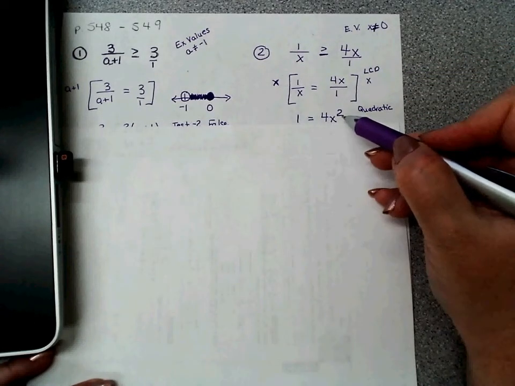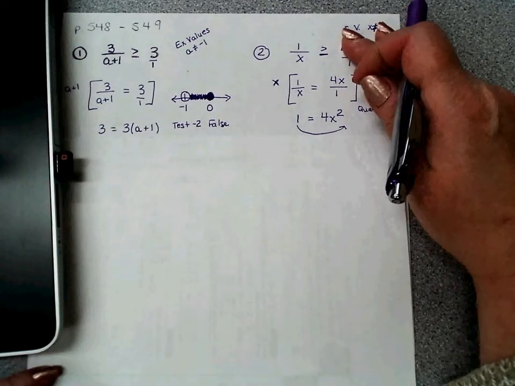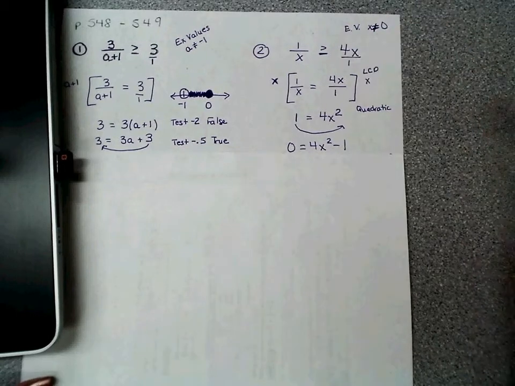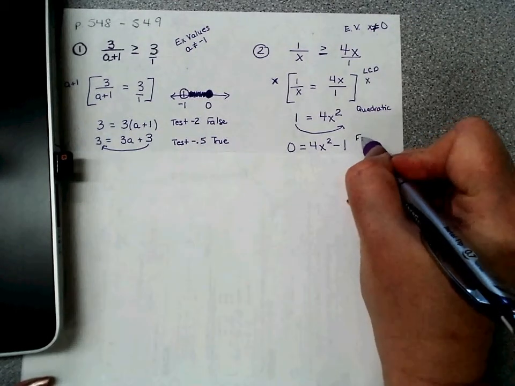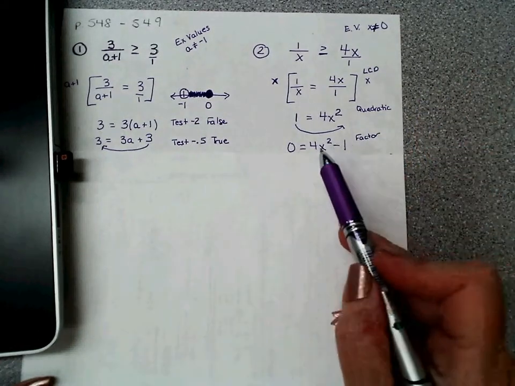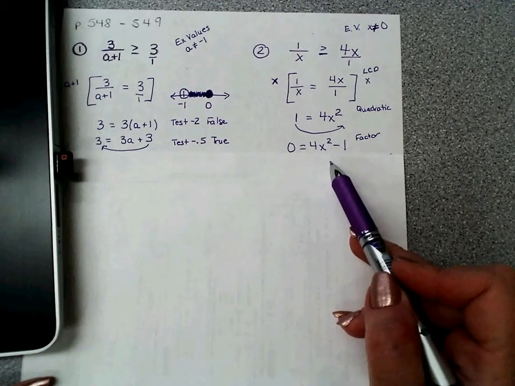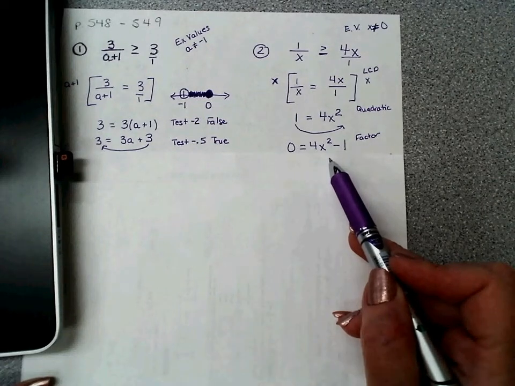To solve quadratic equations, you got to get them equal to 0. So I'm going to move the 1 to the other side, and that gives me 0 equals 4x squared minus 1. Now I've got to factor that. Some of you might be saying, well, I don't know how to factor that. Analyze it. 2 pieces, so it's not a trinomial, so it's not a general trinomial, which we call gentry, or a trix, a trinomial that starts with x squared.